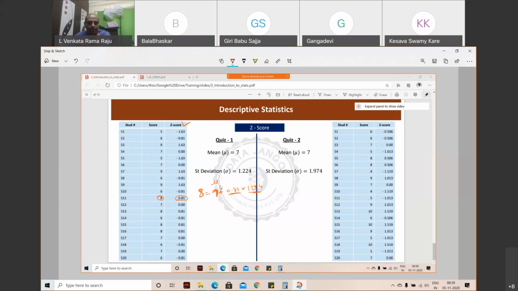The landmark, the mean. From the mean, how far this 8 is in terms of standard deviation. This is like the Bangalore to Hyderabad distance. 8 is 0.81 standard deviations away from 7. That is Z-score. Got it?